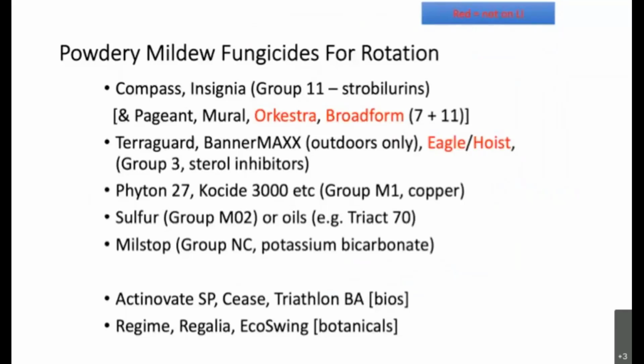And if you're not in New York, you can work with Eagle or Hoist. And Milstop comes in, the potassium bicarbonate. It's very effective, not systemic, but very effective against powdery mildew. And you've got a lot of biologicals that you can bring into play too, and botanicals. So you can work out a very nice rotation using whatever chemistries and biologicals that you like to get your powdery mildew managed on the highly susceptible crops.